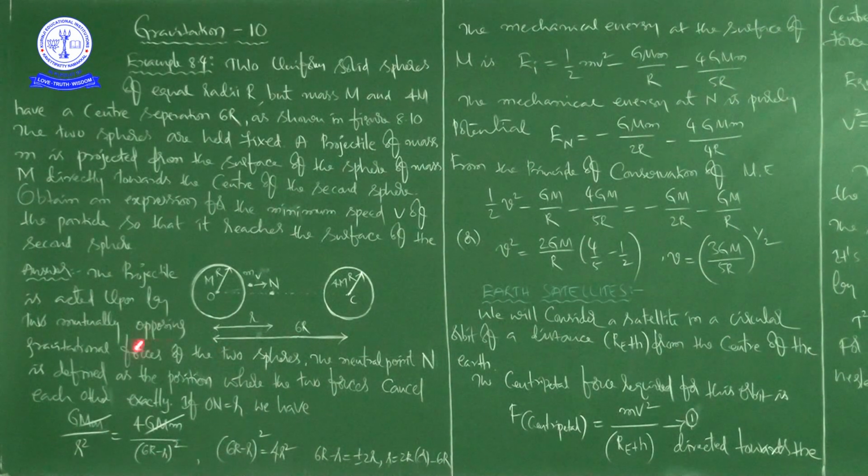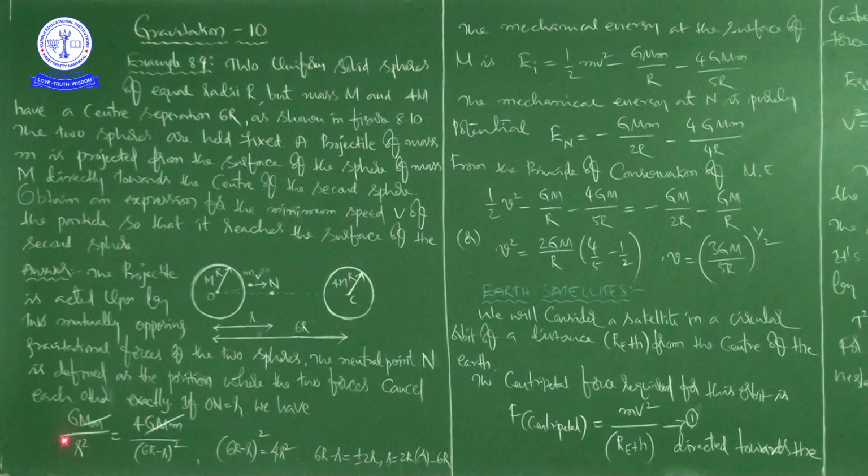Here 6R is the distance between the centers of the two spheres, and r is the distance of the neutral point from the center of the first sphere, capital M. So this distance is nothing but 6R minus small r.